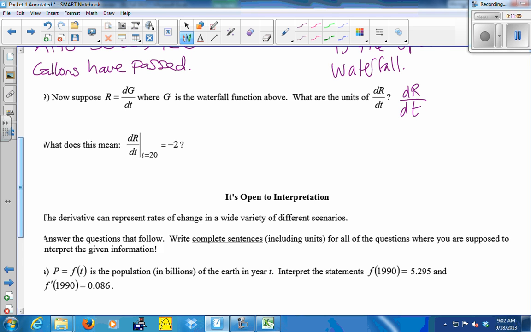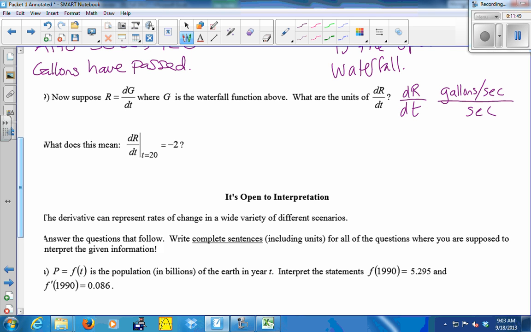The units on R are gallons per second because we already figured that one out, and the units on T are seconds. So we have gallons per second per second, or gallons per second squared. And what does that measure? Acceleration is the word that measures the rate of change of the rate of change.